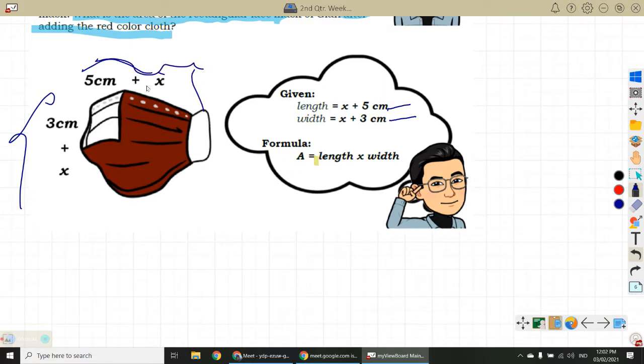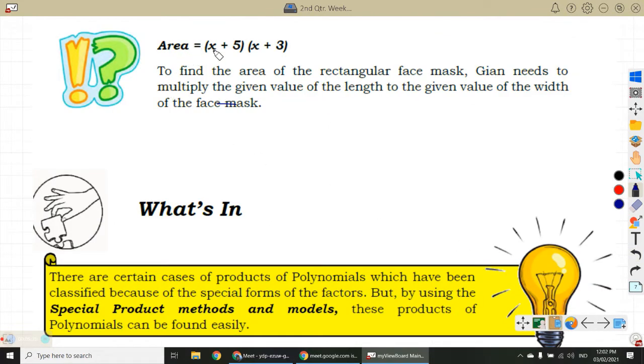And the formula for getting the area is the length times the width. So you're going to multiply x plus 5 centimeters times x plus 3. To solve that, we have here the illustration: the area is x plus 5 times x plus 3.